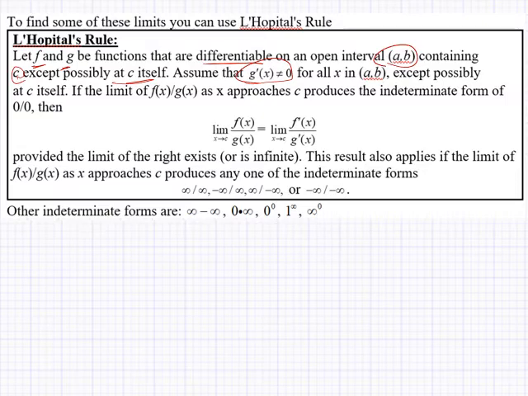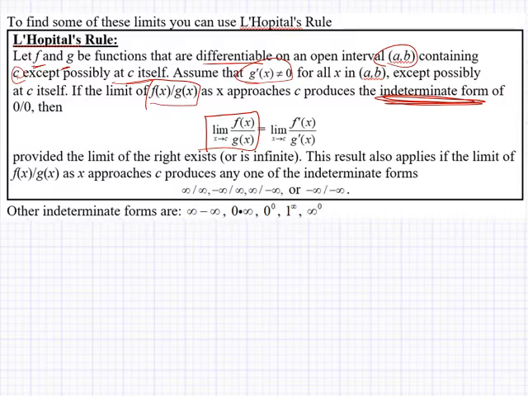If we want to do the limit of f over g, so you want to do the limit as x approaches c of this fraction, and that fraction happens to be an indeterminate form, just like the two examples we saw. One way you can evaluate that limit is to really evaluate another limit that will be equal to it.